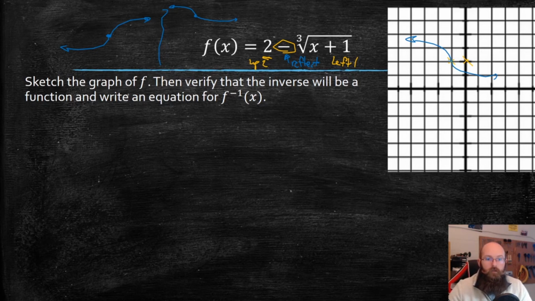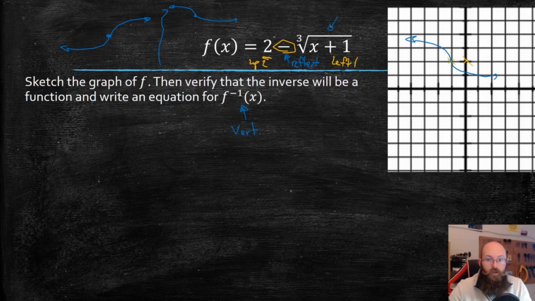I need to sketch the graph of f, then verify that the inverse will be a function, and write an equation for my inverse. So if I want to pass my vertical line test to make it a function, but that's for my inverse. I'm switching my x's and y's.